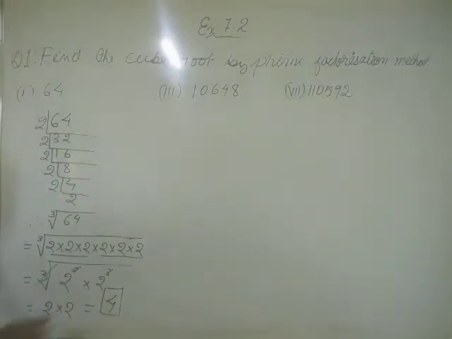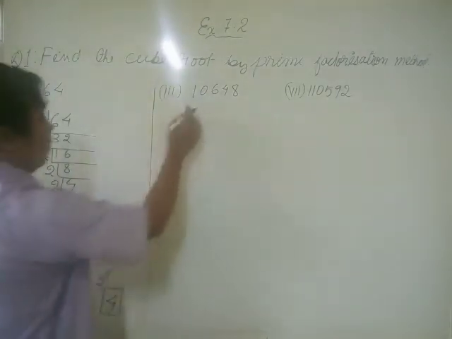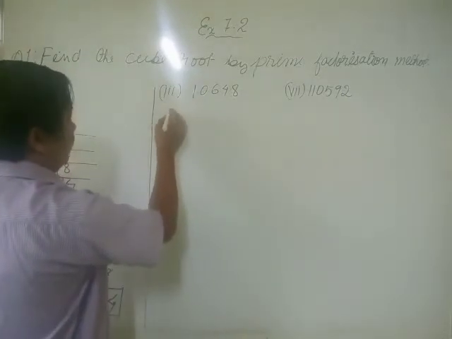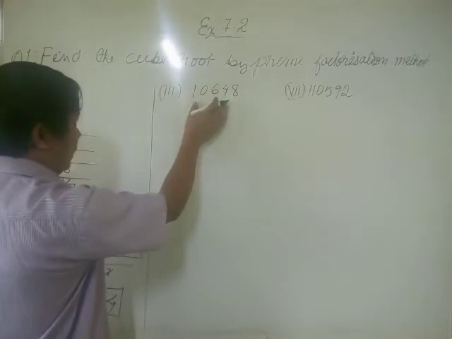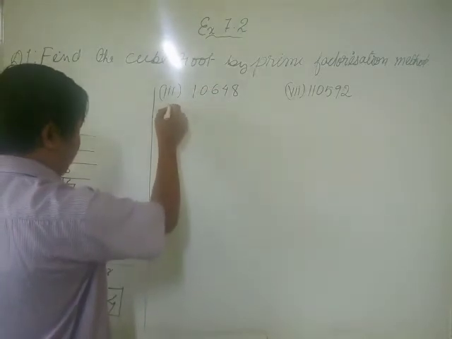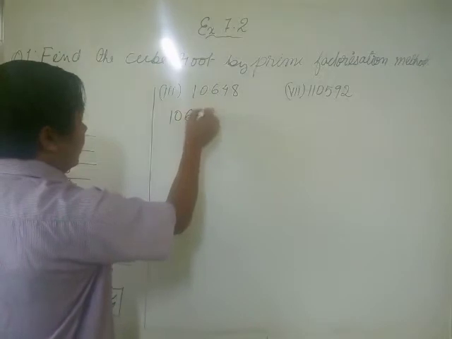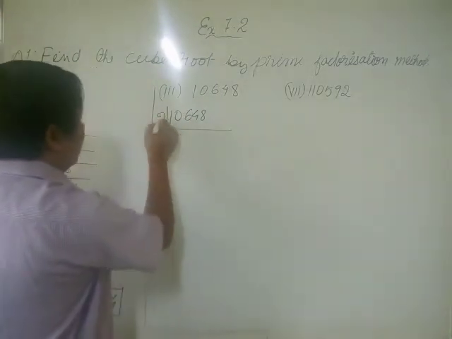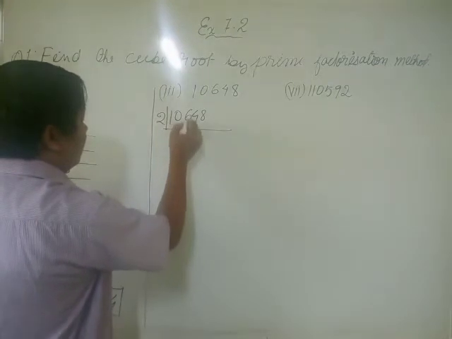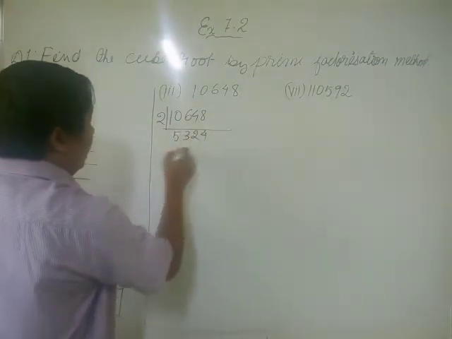Okay. So likewise, let us find the cube root of the next number here. First of all, we have to factorize. We have to find the prime factors of this number, 10648. Then we start with 2 here: 2 5s are 10, 2 3s are 6, 2 2s are 4, and 2 4s are 8.